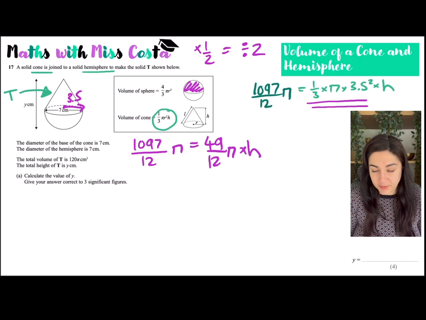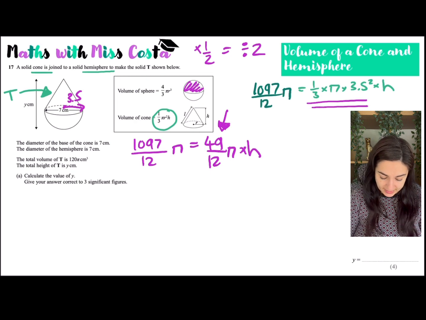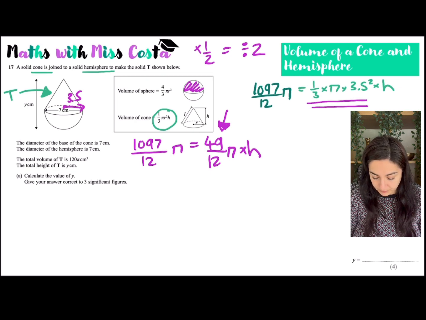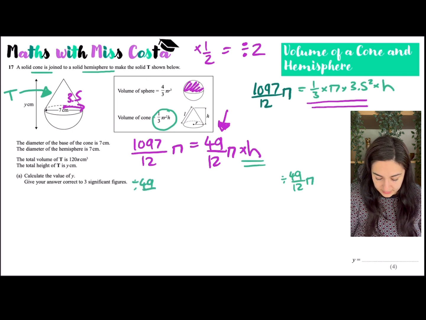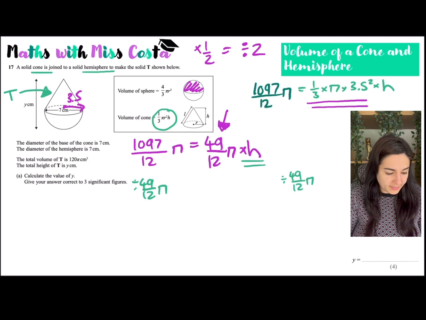Can you see I've simplified all of this, so I'm just left with some numerical stuff multiplied by h. And how do I get h as the subject? Well, I'm just going to divide both sides by 49 over 12 pi. You do exactly the same as you would with simple algebra, it's just a fraction and it's got pi in it. So let's do that.